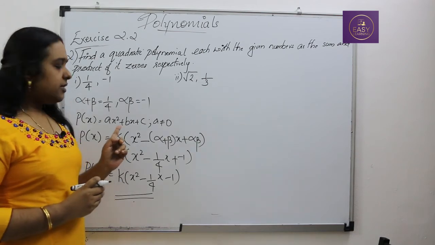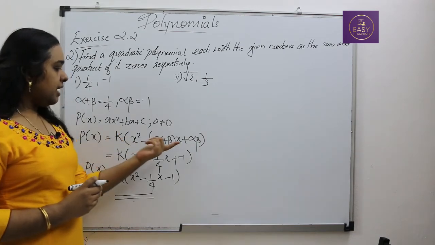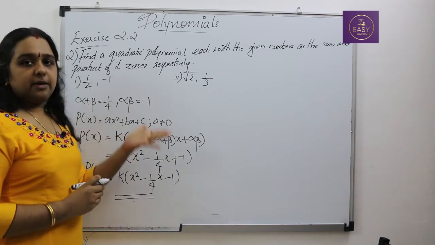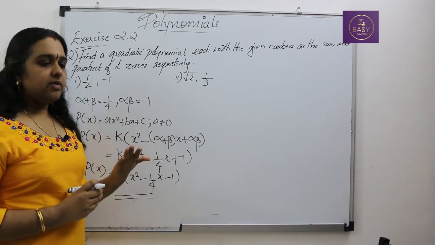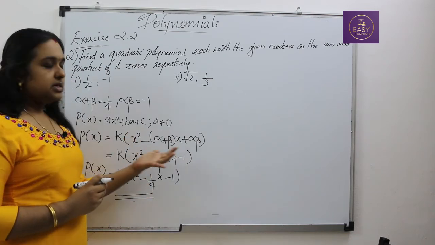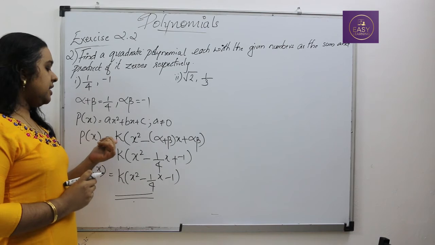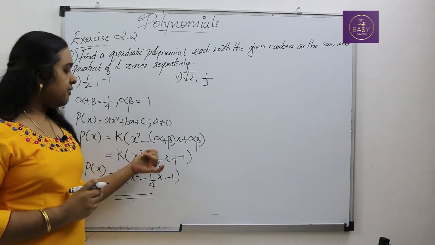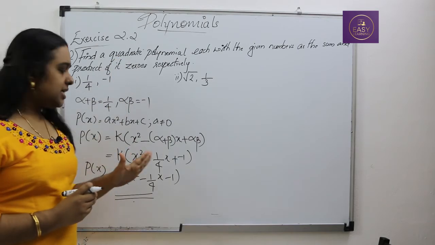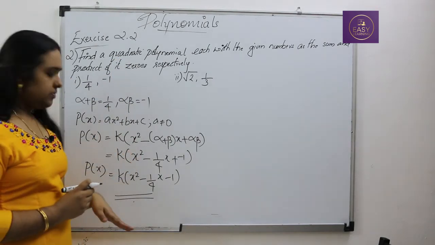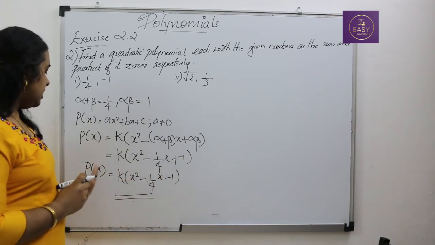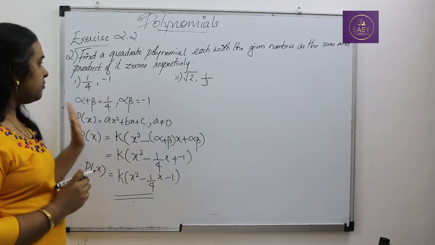We just found two values of alpha and beta and substituted. Each time we found that it is a multiple of k. When we give more values to alpha and beta, we will get multiples of k as the answer. So in general we write k into x square minus (alpha plus beta) into x plus alpha beta as a general form of a quadratic polynomial. This way also we can write. That is, x square minus 1 by 4 x minus 1 is the quadratic polynomial for this.